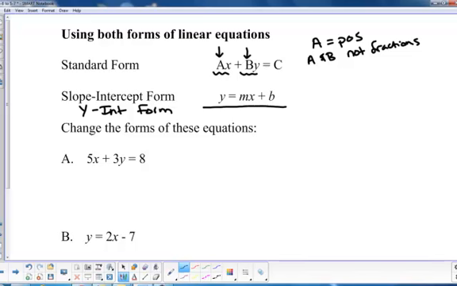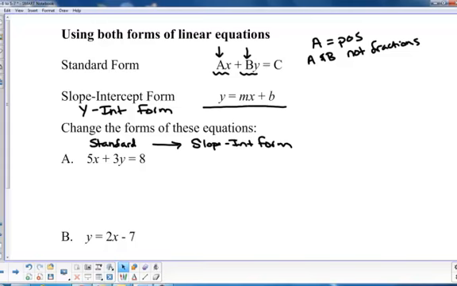So you're looking at letter A as in standard form. And we're going to rewrite that into y-intercept form, or slope-intercept form, whichever you want to call it. Now, standard form is best if you have your x and y intercepts. It's the easiest to work with. Slope-intercept form is easiest to work with if you need to graph it.